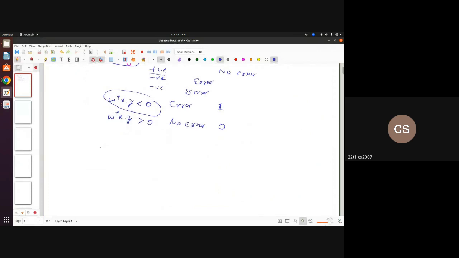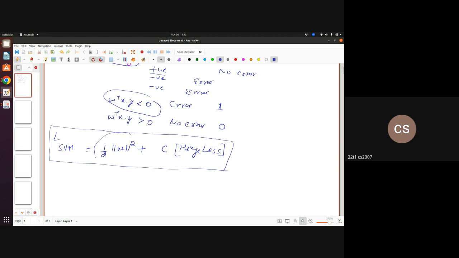So the loss in case of SVM is half of the square of the L2 norm of W, plus C into this quantity, which is precisely your hinge loss. This equation represents your SVM loss. Now, this particular term is what is doing regularization here.